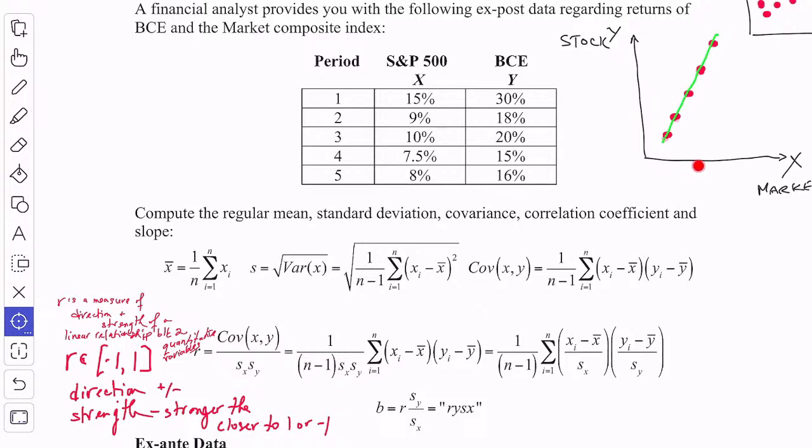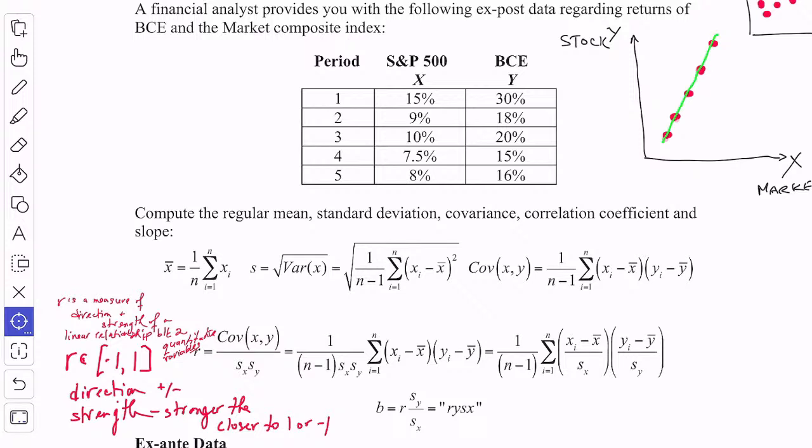For this value of X, I could predict what Y would be. That's the idea. And it looks like when I leave the line in this direction, positive, I have to return to the line going positive on the y. So that is a positive relationship.